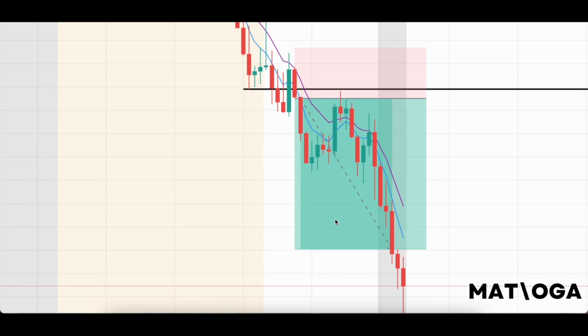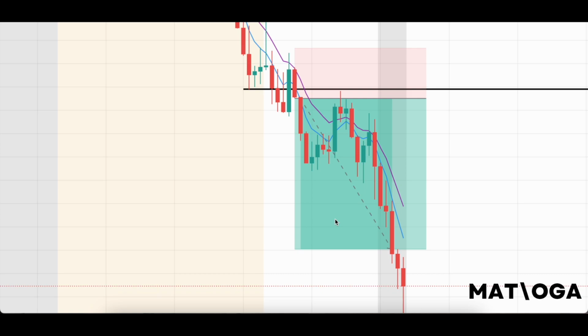Basically, if you are not sure if the entry is good enough, just wait one more candle. Just see what happens. You may miss it and it completely went off. It's okay, but you may actually find a better entry, or you will notice that because you waited one more candle, you actually save yourself from a loss.